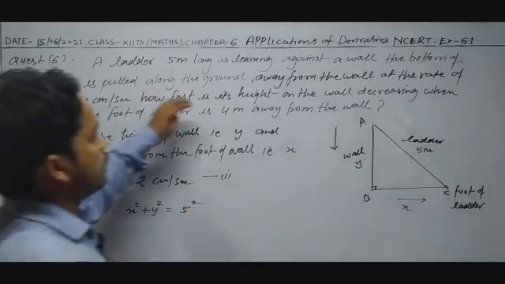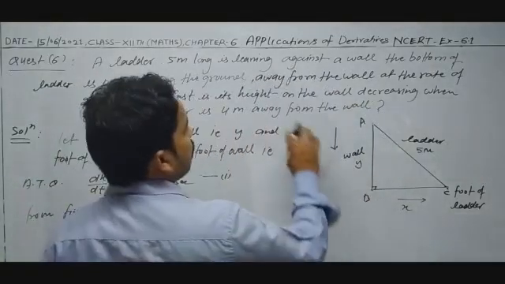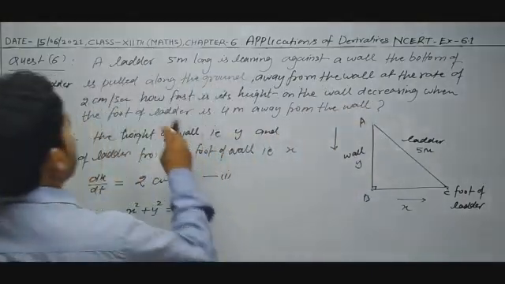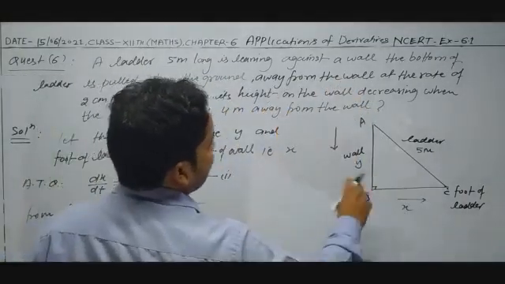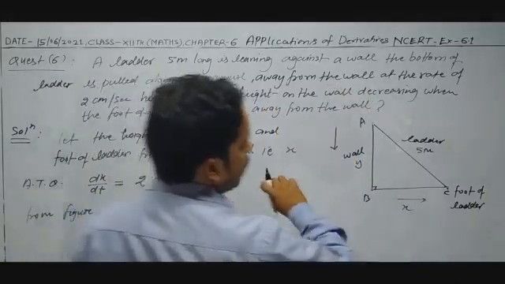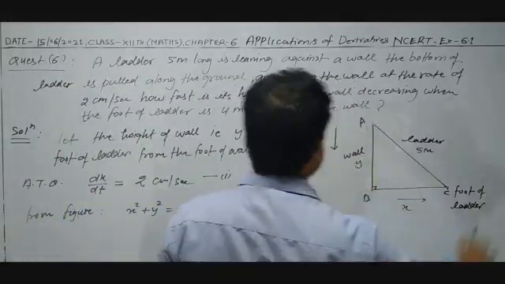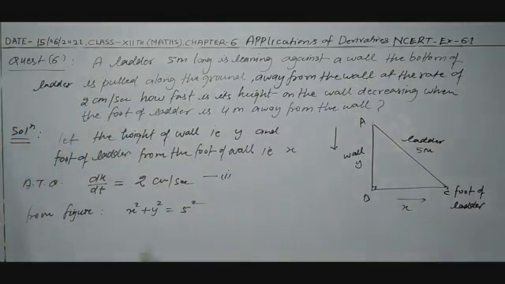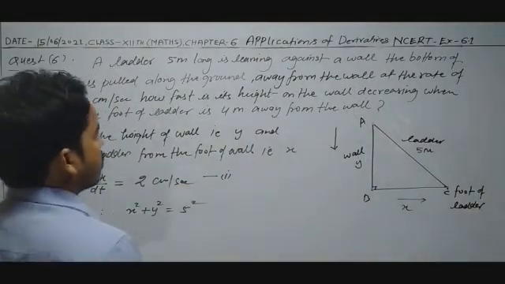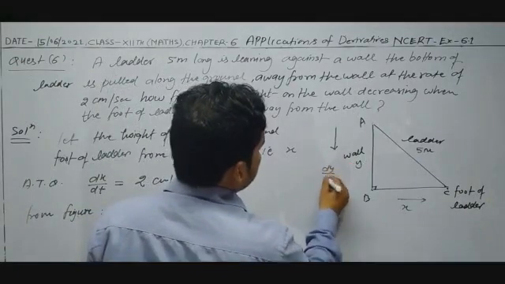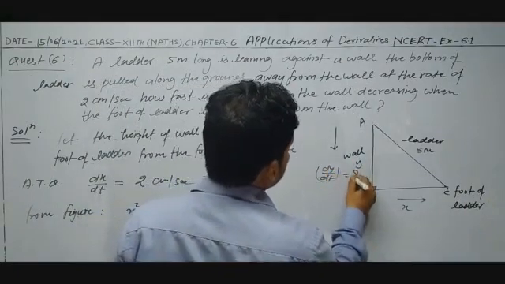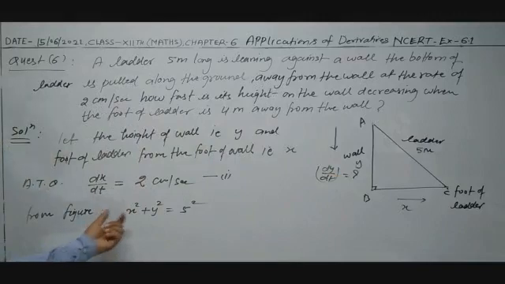And in this question we have to find out how fast is its height on the wall decreasing when the foot of ladder is pulled away from B to C. Means we have to find out dy by dt from this expression.